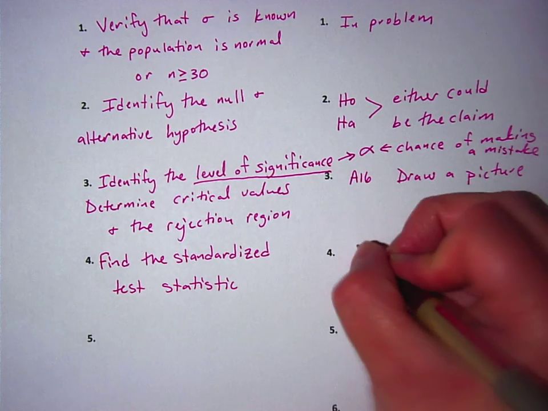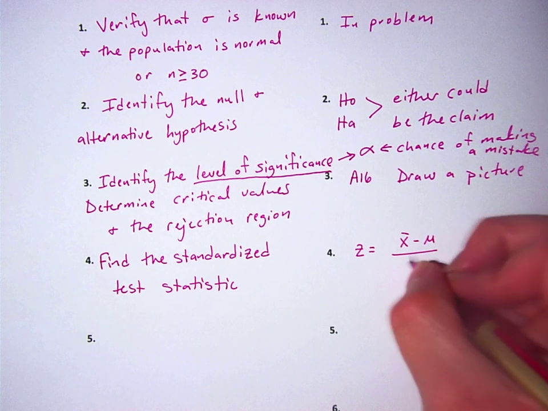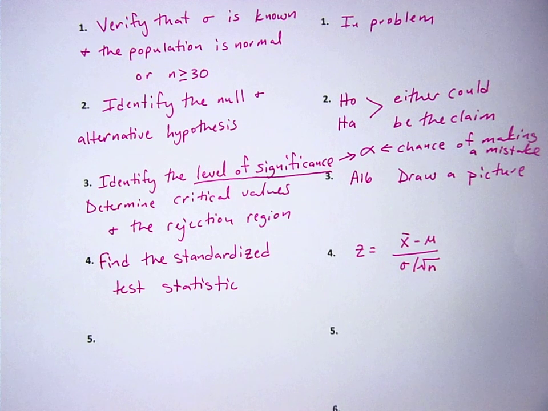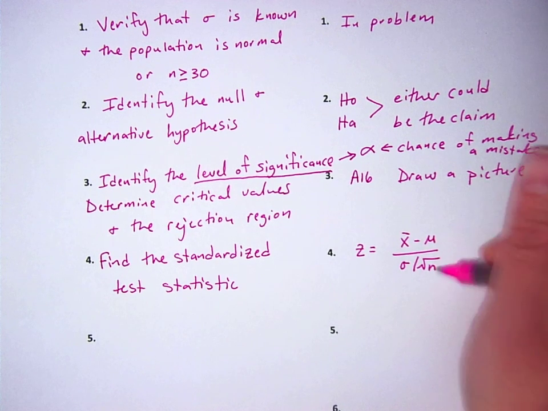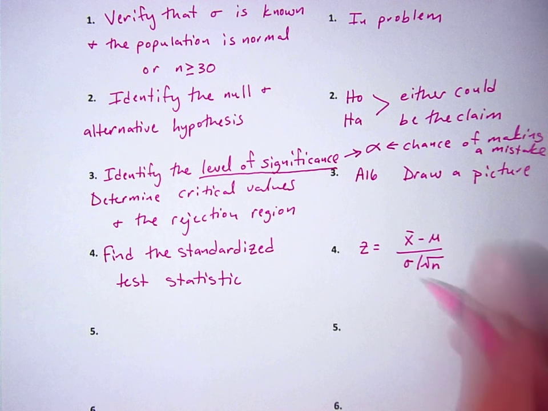And that formula is z equals x bar minus mu over sigma divided by the square root of n, which should look pretty familiar. X minus mu over sigma, except for the bottom, is sigma divided by the square root of n, like the central limit theorem. And the top, that x is your x bar, because we're technically talking about means here. So this is basically using the data in the problem.